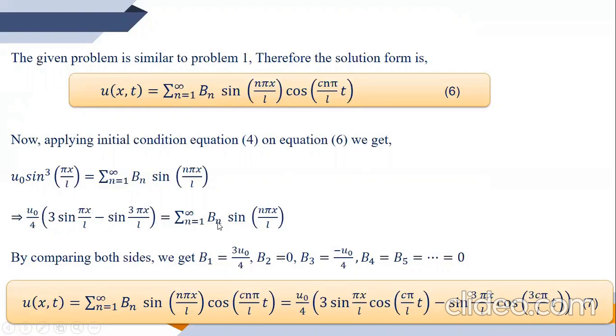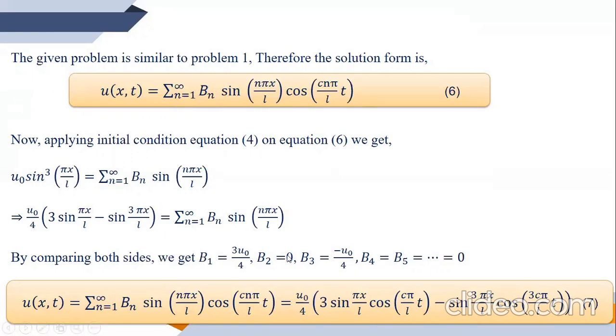So here n is 1, so b1 sin(pi x by L) is 3u0 by 4 sin(pi x by L). So the coefficient of sin(pi x by L) is 3u0 by 4. So b1 is this, b2 is similarly 0, and b3 is minus u0 by 4. And the remaining terms b4, b5, b6 and so on are 0.